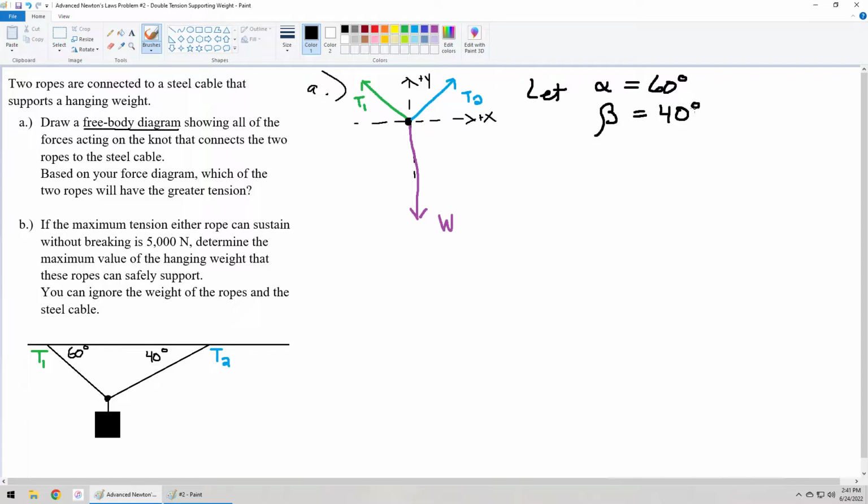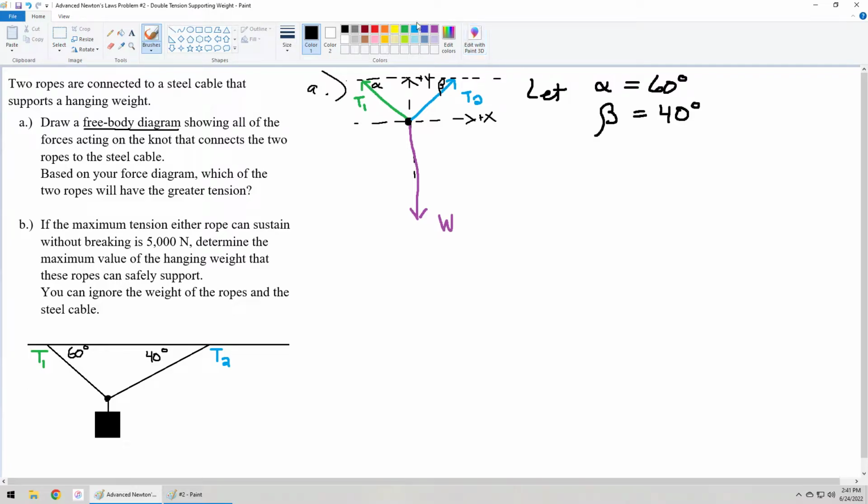The question is, how do we want to represent that in our free body diagram? Normally, many people would place alpha here, and they would place beta right here. While that is true, that makes breaking things into components a little more difficult for students who are not familiar with how that works.